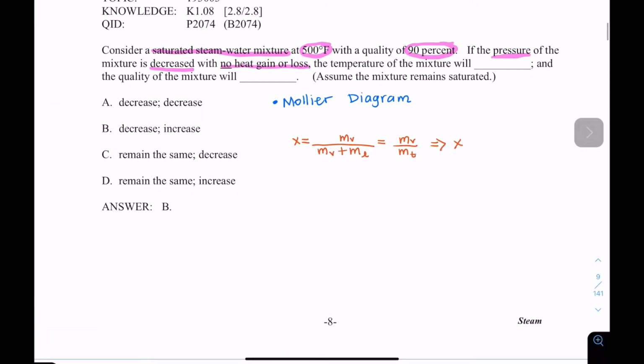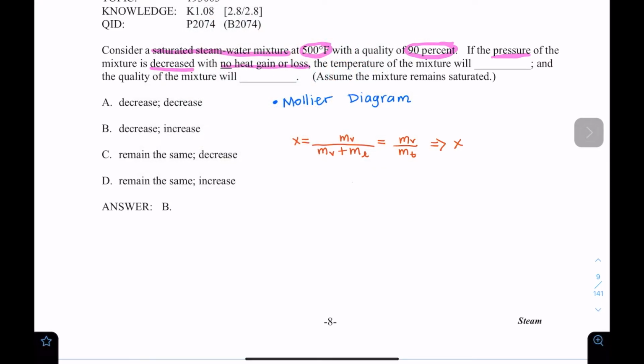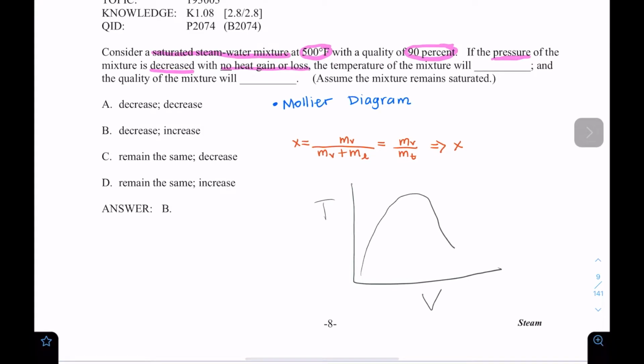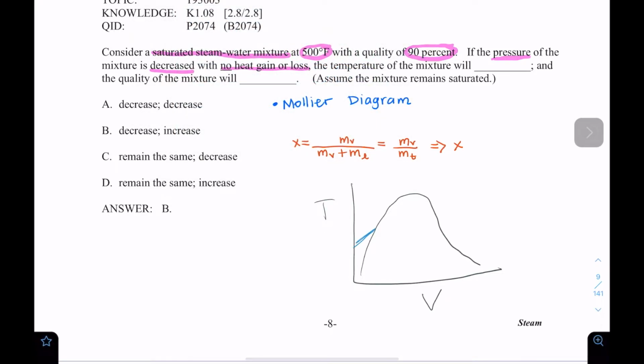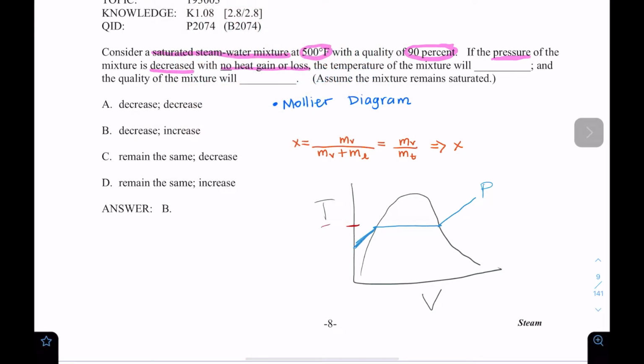We can also try to read a diagram as well. So we have the temperature is 500.